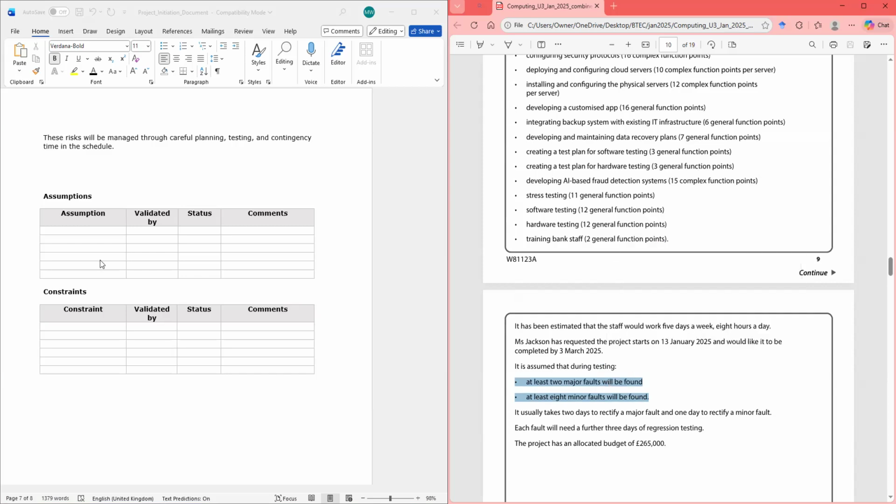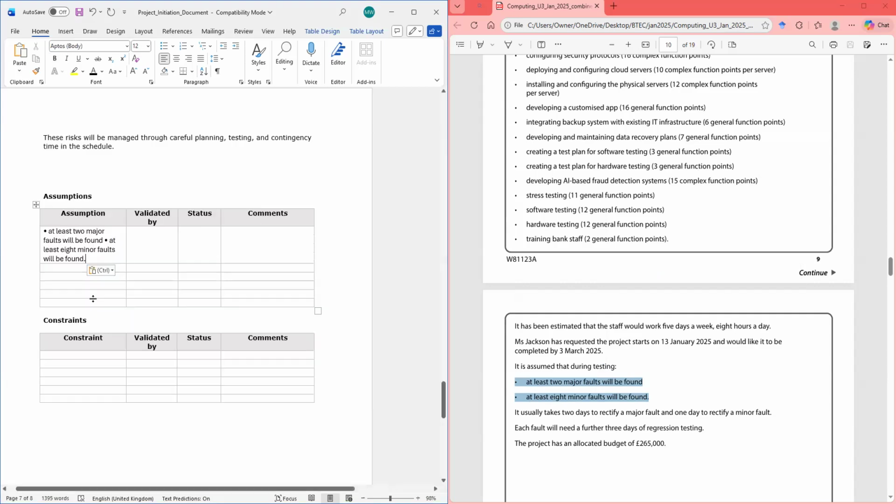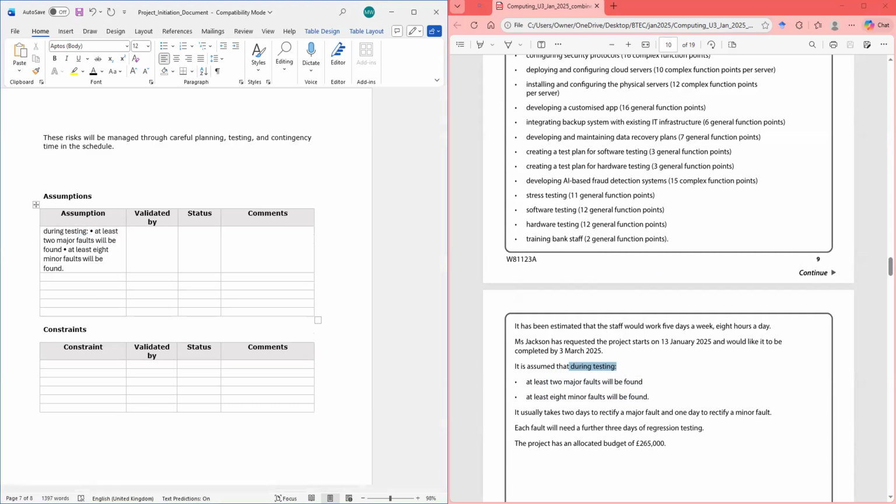So I'm just going to copy it over and paste it in, because, all right, during testing too, copy and paste. And test at least that. All right, validated by: I am the guy to do it.